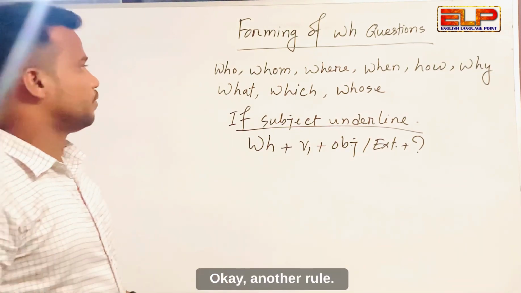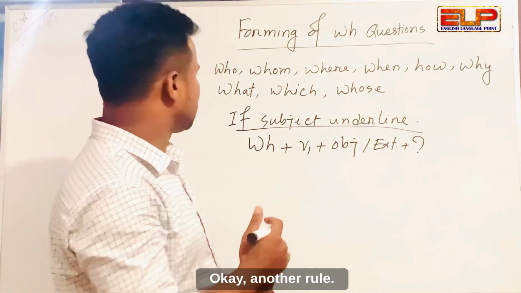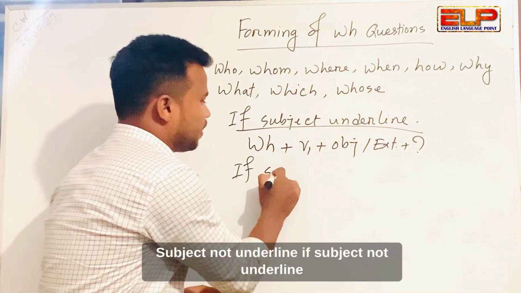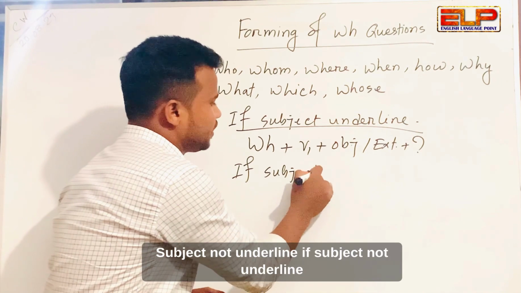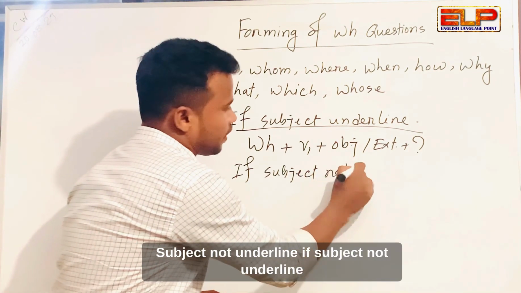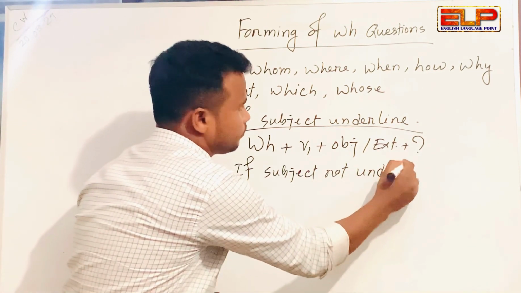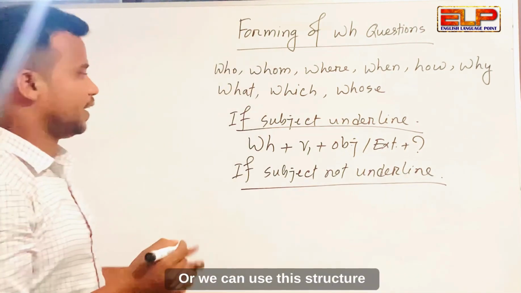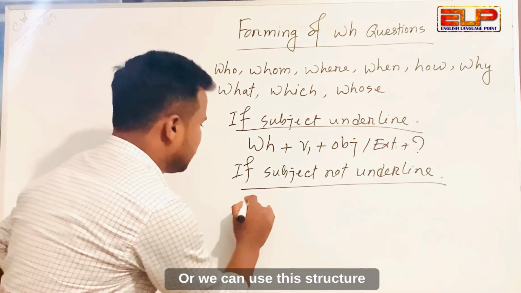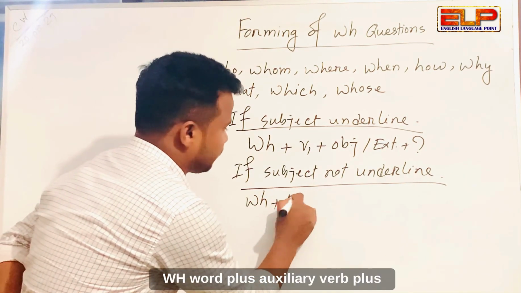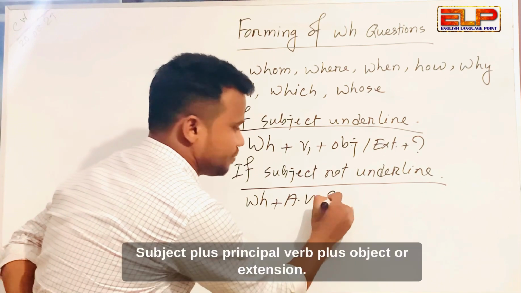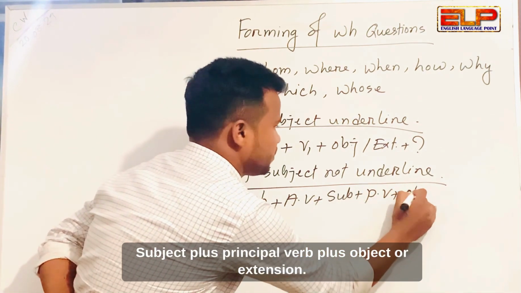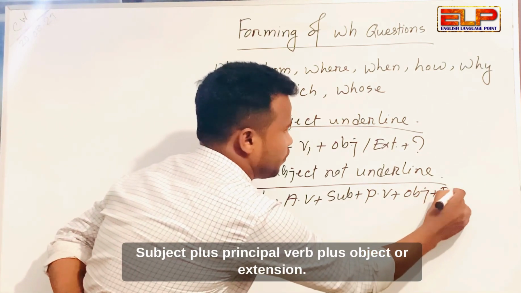Okay, another rule. If the subject is not underlined, we can use this structure: WH word plus auxiliary verb plus subject plus principal verb plus object or extension.